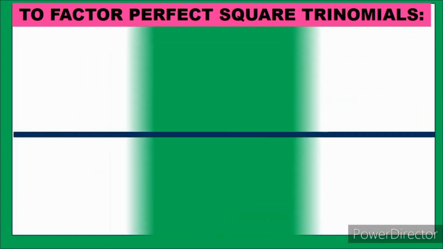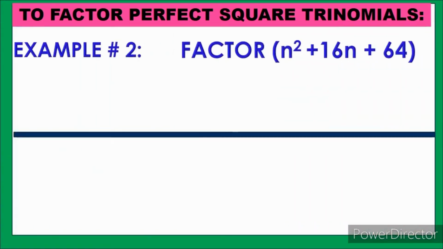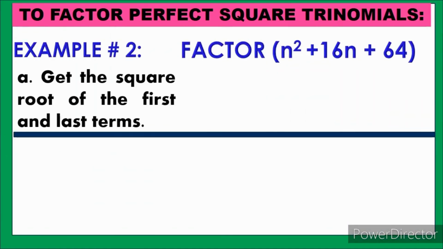Okay, so next, let's have another example. Factor n squared plus 16n plus 64. Okay, the first step is to get the square root of the first and the last term. So the square root of n squared is n, and the square root of 64 equals 8.